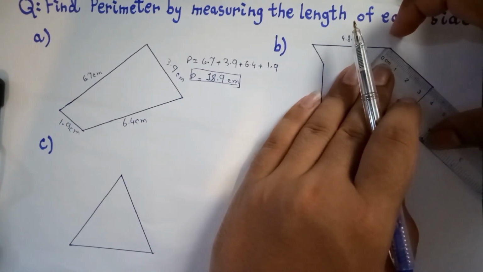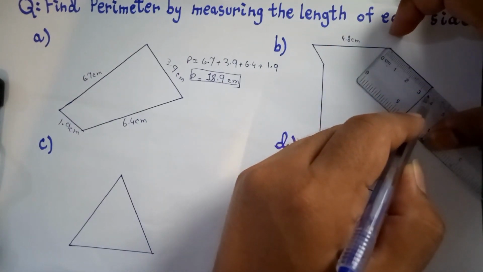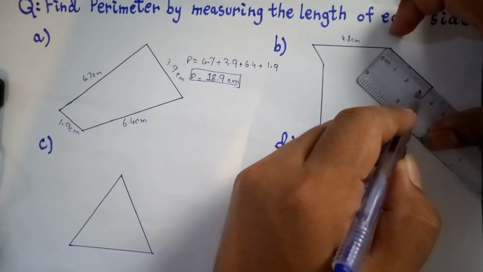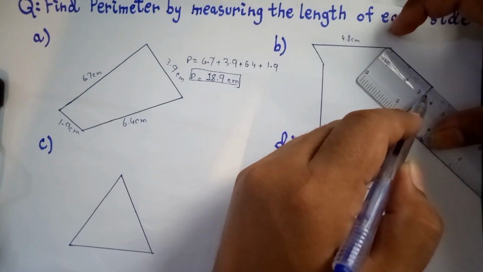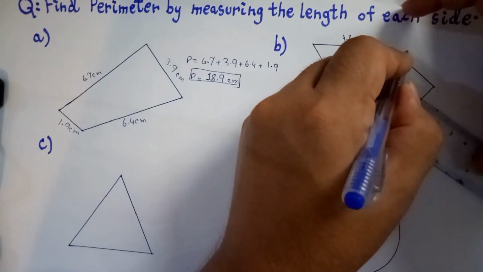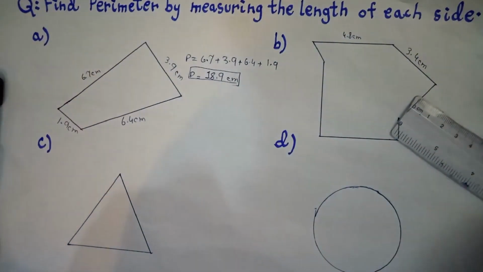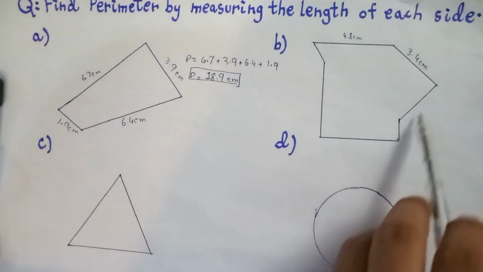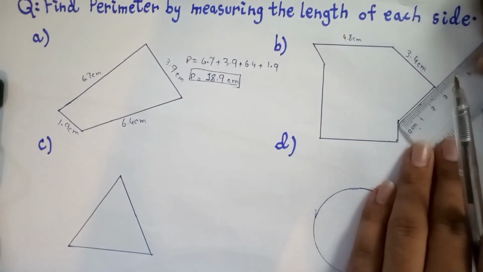Now here you can see this is actually 3.5 centimeters. You can see 3, 4. Okay, and here it is the middle. You can see this line is the middle 3.5, so 1 millimeter less than 3.5, so actually it is 3.4 centimeters. Clear?